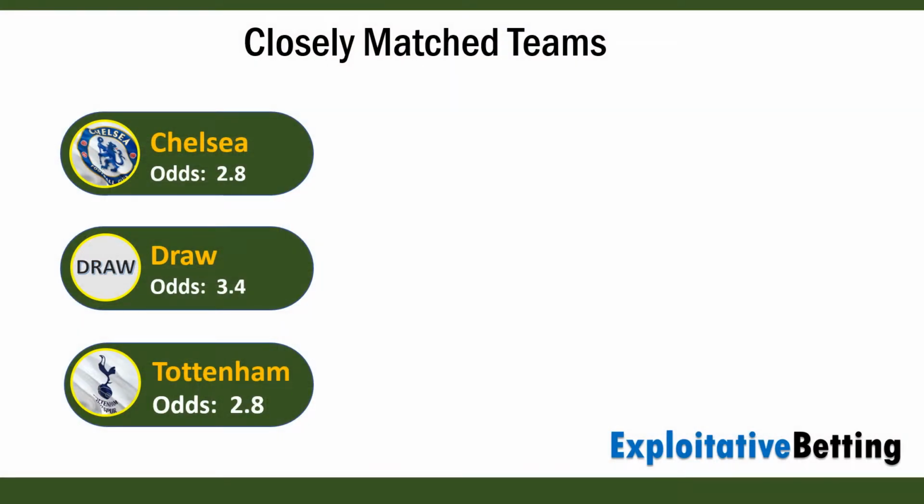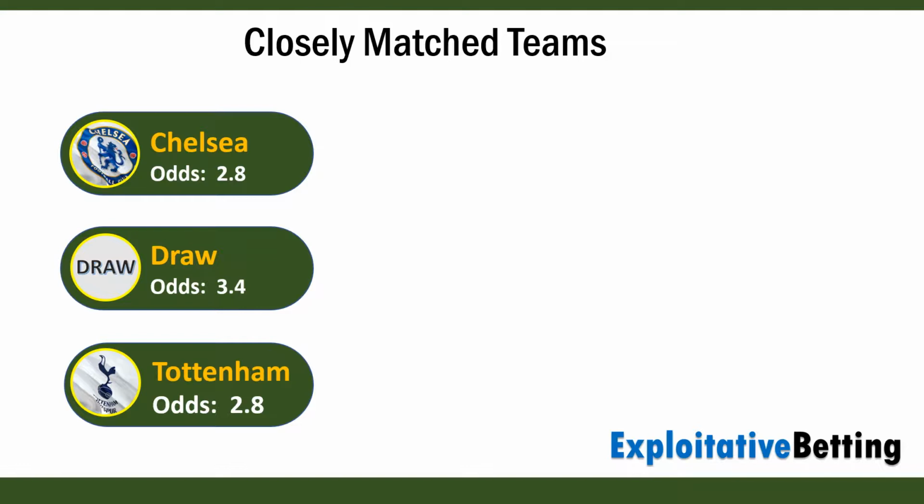So, closely matched teams. I'll use a match between Chelsea and Tottenham as an example of a match where two teams are closely matched. You can see the odds of Chelsea and Tottenham are both 2.8 and the odds of the draw are 3.4. And you should note that the ideas in this video only apply to matches where the two teams are fairly equally matched.